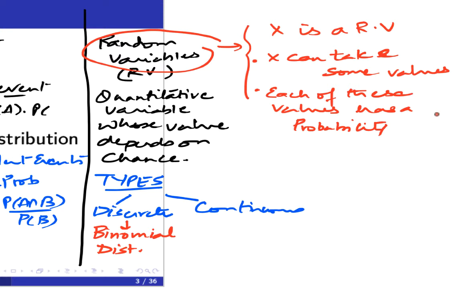So if I say x is a random variable, that means it will take some values, and each of these has a probability. So we can say that every random variable has a probability distribution.